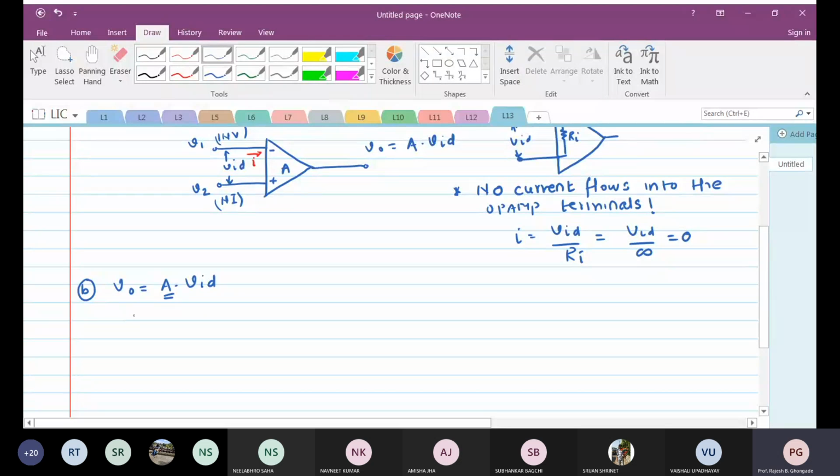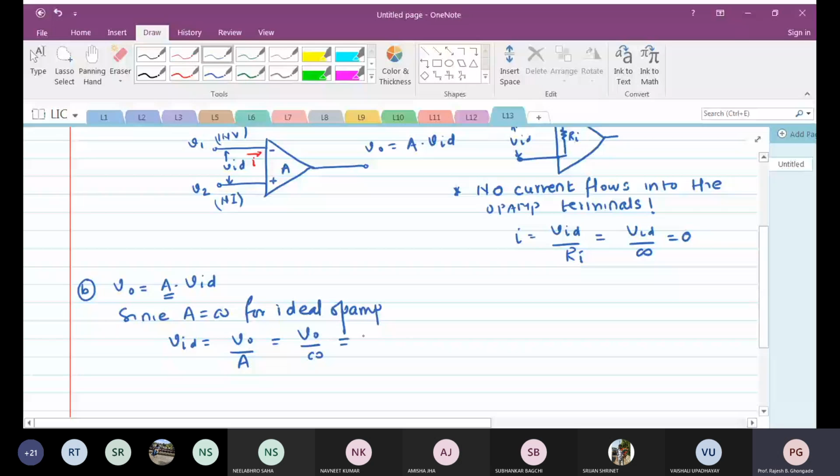So since A is equal to infinity for an ideal op-amp, can I write it like this? VID is equal to VO by A. So it is equal to VO by infinity. So what is the value of VID? Zero.